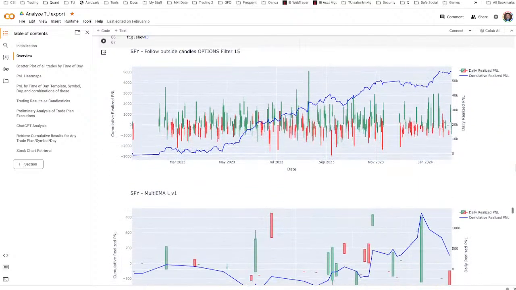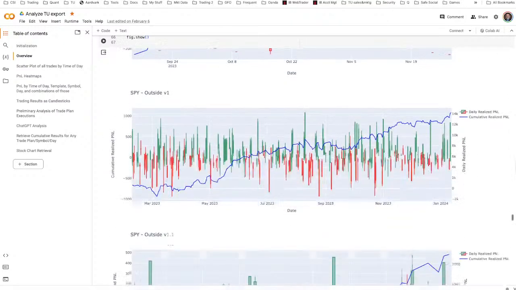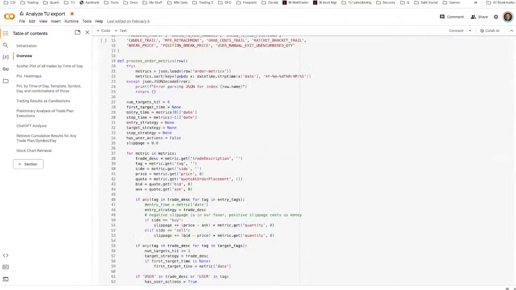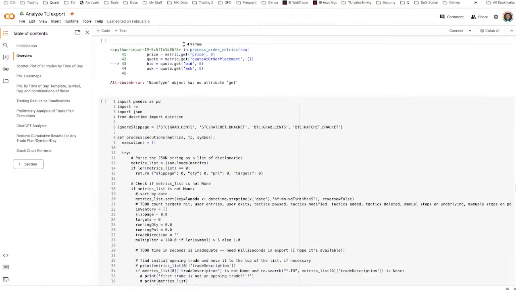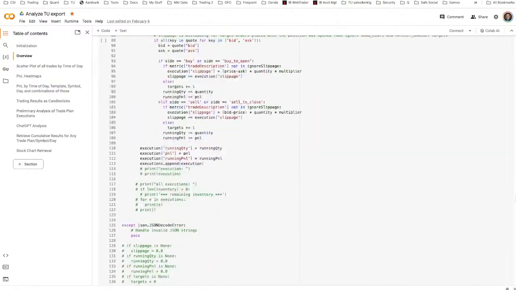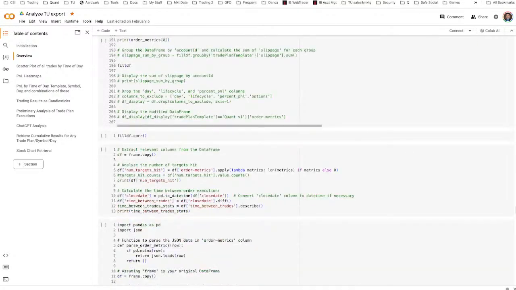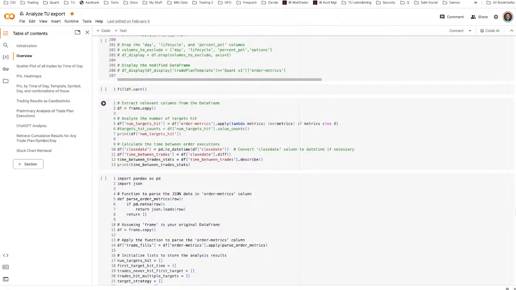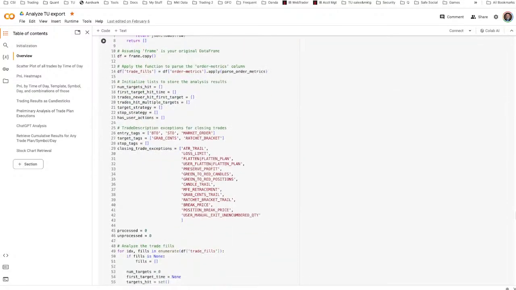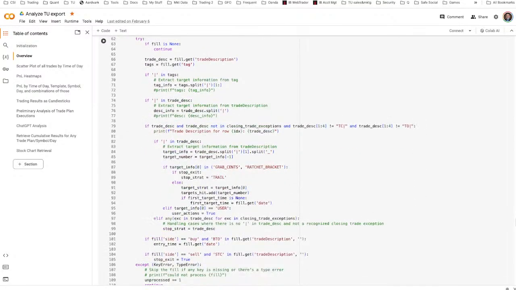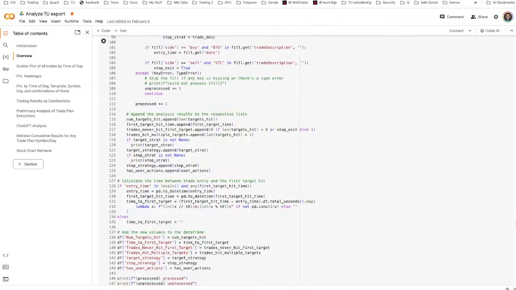Anyway, there's a lot more to the data analysis than just this. I get into the actual contents of the trade plan, where I can compare one trade plan to another based on the parameters of that trade plan.